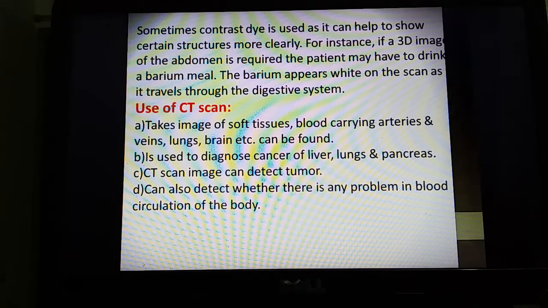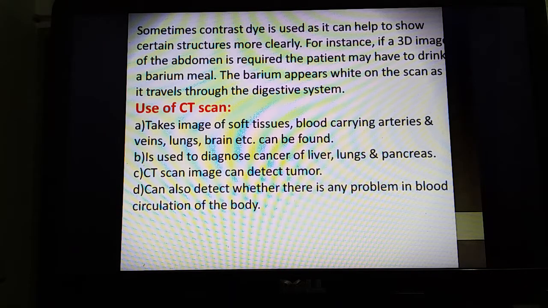There are some other uses. You can learn more about the uses of CT scan if you have a look at your book. During a CT scan, we have to keep some points in mind: as these use X-ray radiation, this is not done for pregnant women.